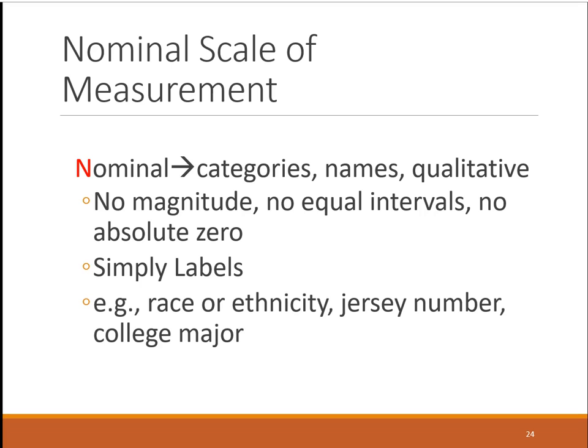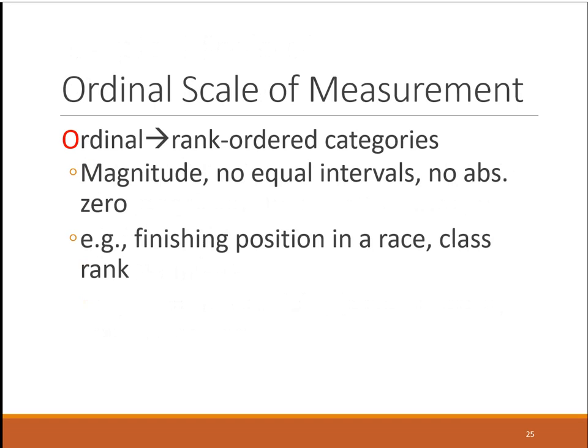College major: basically anything that's just a label but is a variable could be considered a nominal scale or nominal variable. Ordinal, as we mentioned, are rank-ordered categories, so examples might be finishing position in a race or class rank. The key here is that we do have some property of magnitude, but the differences on the scale, say between first and second and third and fourth, are not necessarily equidistant in terms of the property that's being measured. So that would be an ordinal variable.